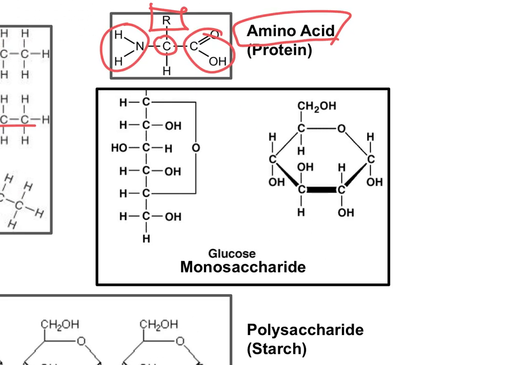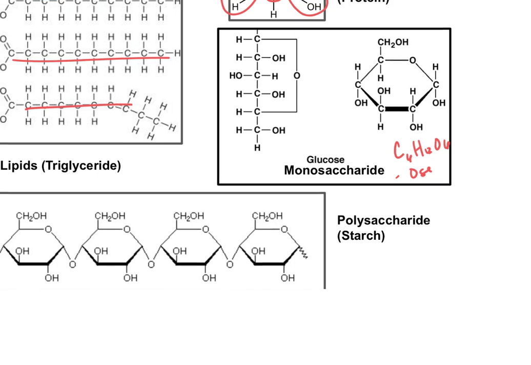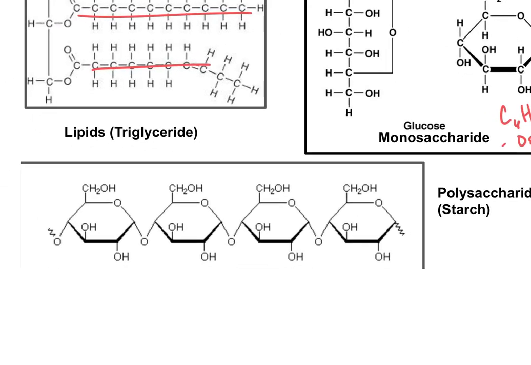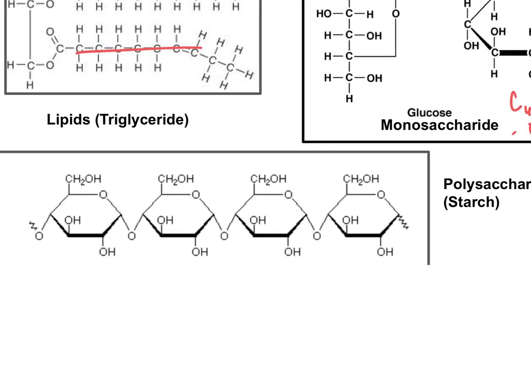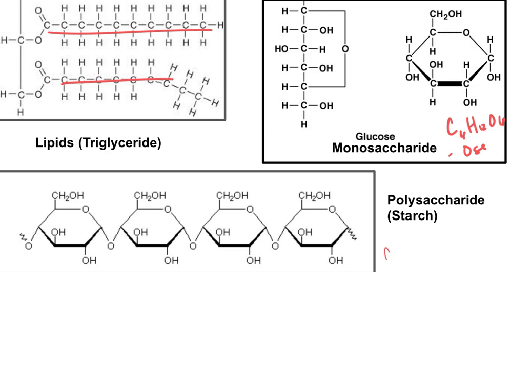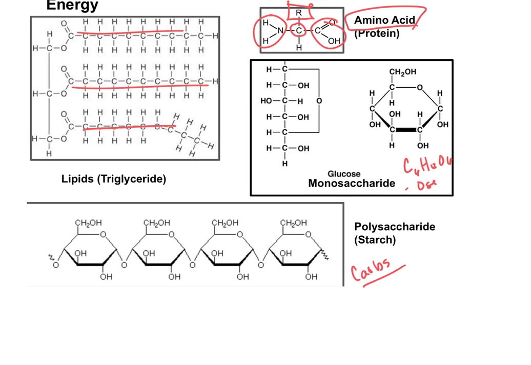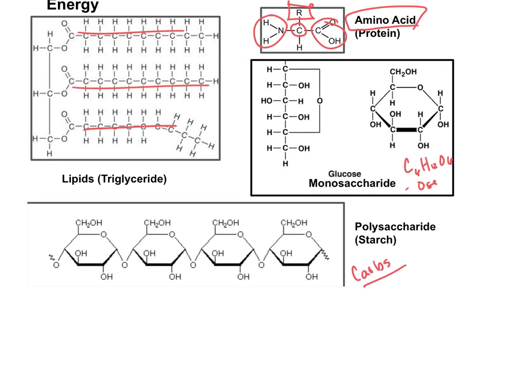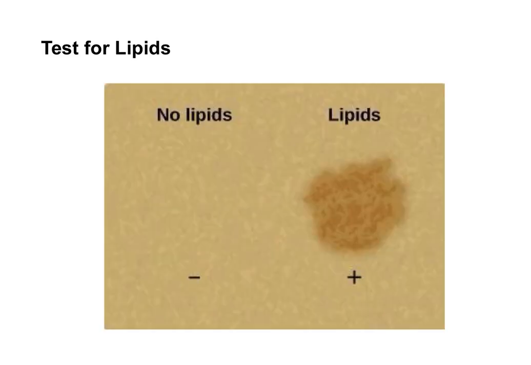Right here, what we have are monosaccharides or our glucoses, C6H12O6s, or anything with the OSE suffix. Here we have our polysaccharides. Again, this is a type of carbohydrate, and it's the main energy source that the cell utilizes first. And that concludes our four major molecules that go into creating our cells.